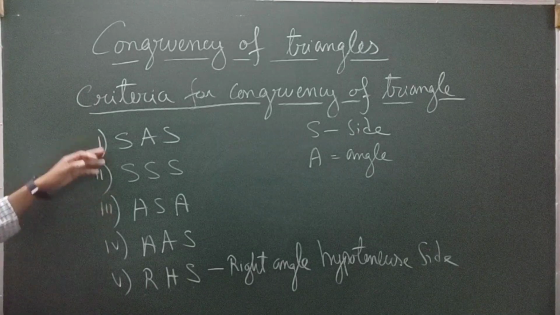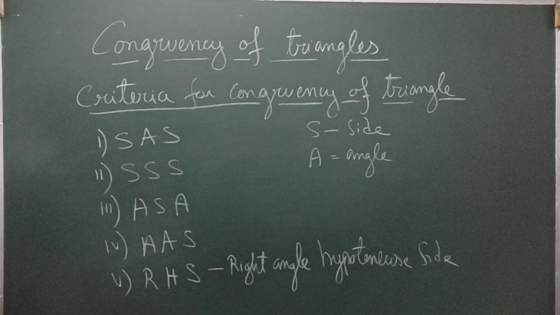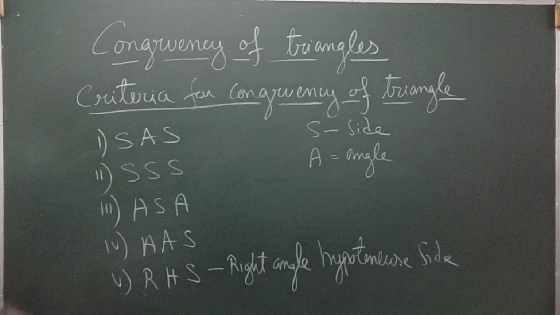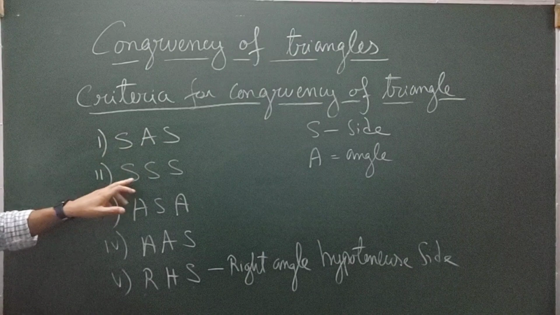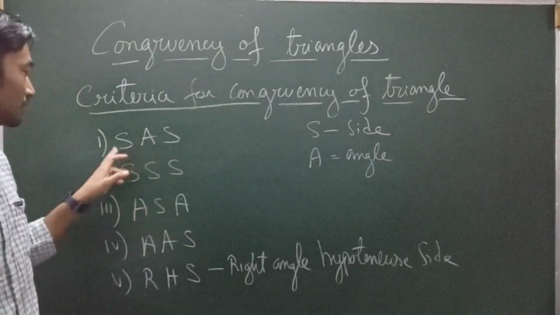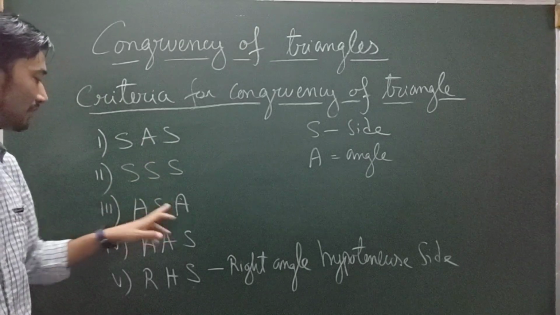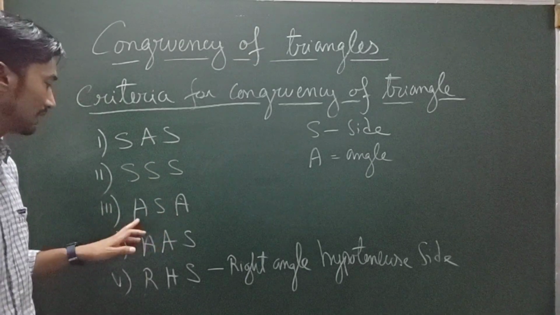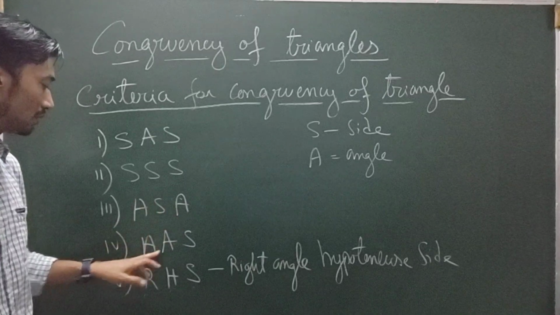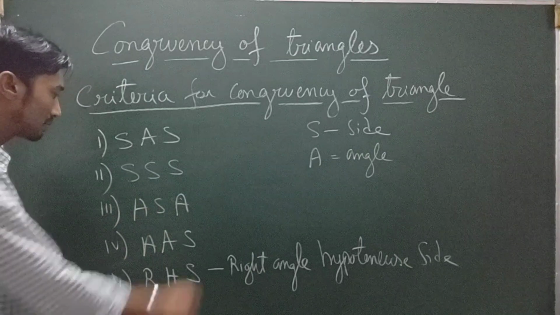So if you can prove any one of these, then we can proceed and say that the 2 triangles are congruent. That means 2 sides and 1 angle, or all the 3 sides. If you can prove 2 sides, not any 2, there is a condition, and 1 angle, or 2 angles and 1 side. You might be thinking, sir, these 2 are the same.